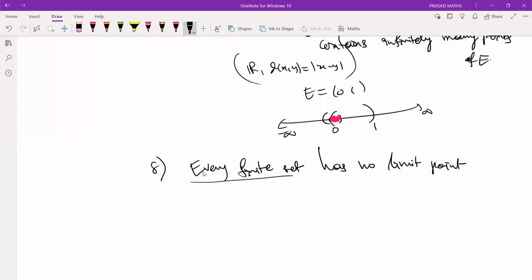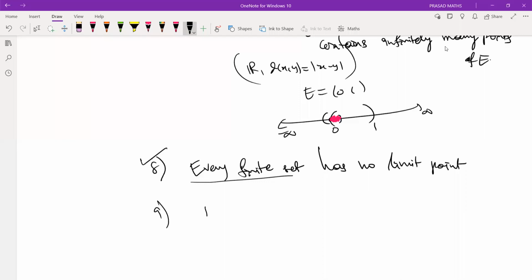If you pick any point in a finite set, every neighborhood should intersect the set E at infinitely many points, but it is not possible, because you started with a finite set. So a finite set has no limit points in a metric space. In fact, this result cannot be true in a topological space. This result is only true for metric space.